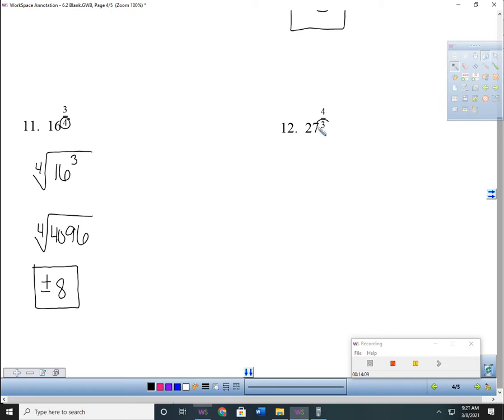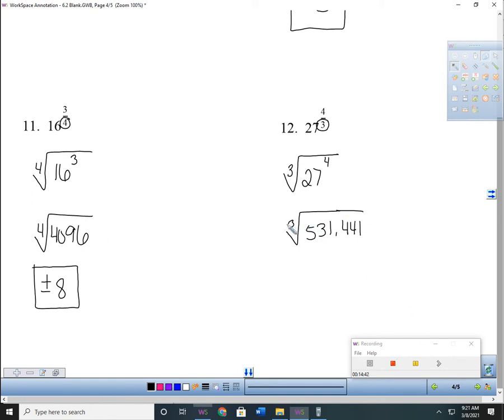All right, so now on number 12, we have an odd root, which means we're only going to have one answer. So the cubed root of 27, keep your base and raise that to the fourth power. So let's figure out what 27 to the fourth is first. 27 to the fourth power is a really big number. 531,441.